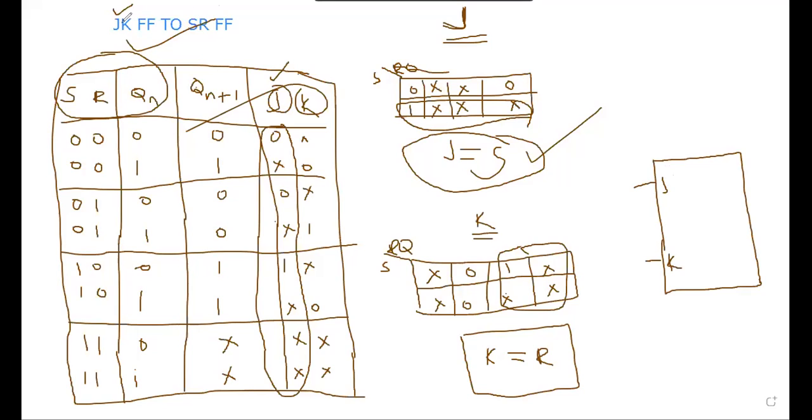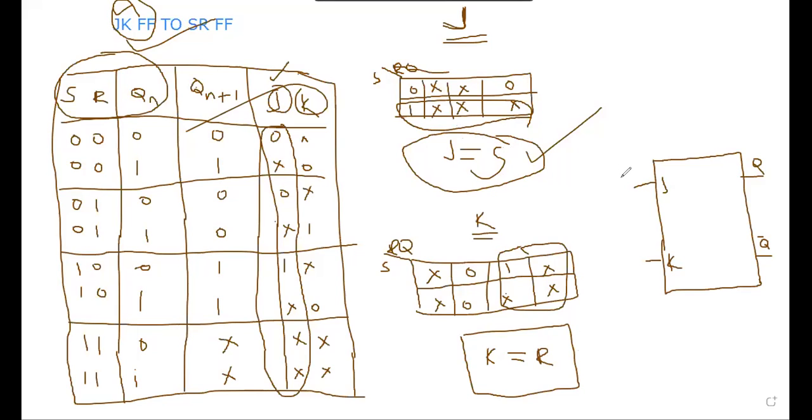Look at here, guys. Since we are converting JK flip-flop into SR, you consider initially the JK flip-flop. So the two inputs are J and K, and the two outputs Q and Q bar. Now, since you are trying to convert JK into SR, we need to give the connections: what value you got in the K maps for J and for K. What value you got in the place of J?